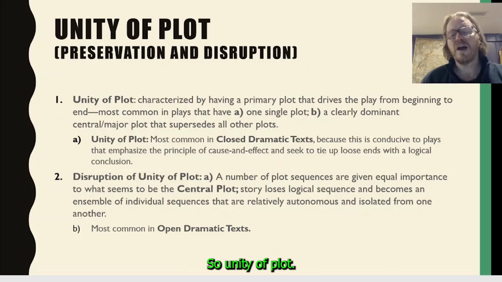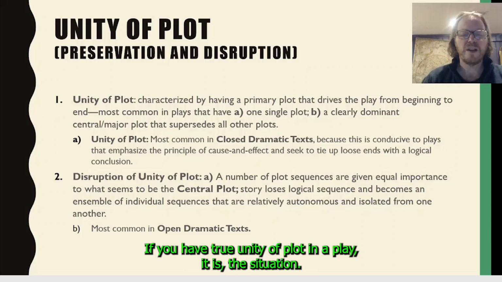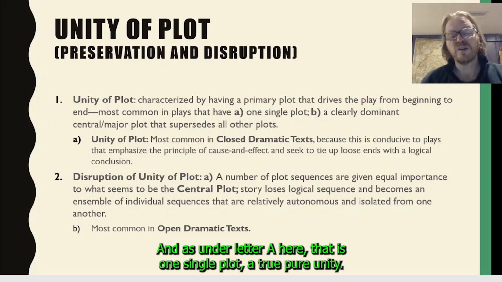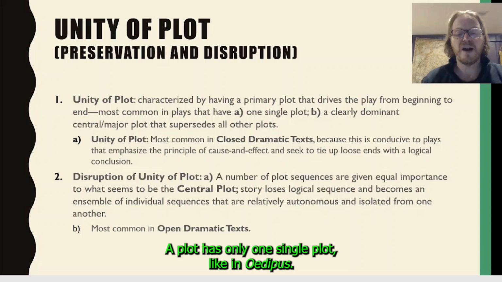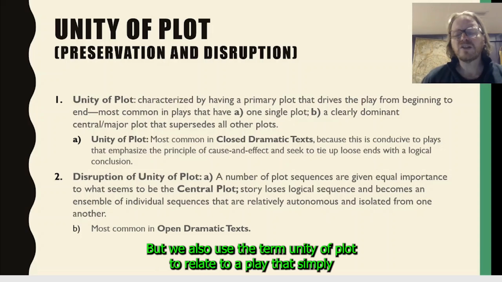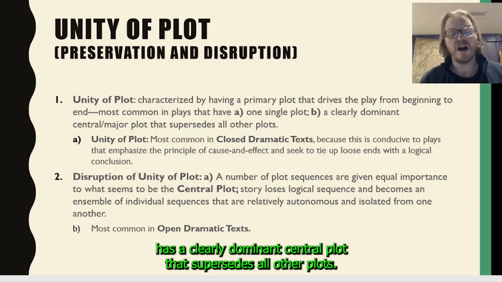So if you have true unity of plot in a play, it is the situation as under letter A here, that is one single plot. A true, pure unity of plot has only one single plot, like in Oedipus. But we also use the term unity of plot to relate to a play that simply has a clearly dominant central plot that supersedes all other plots.